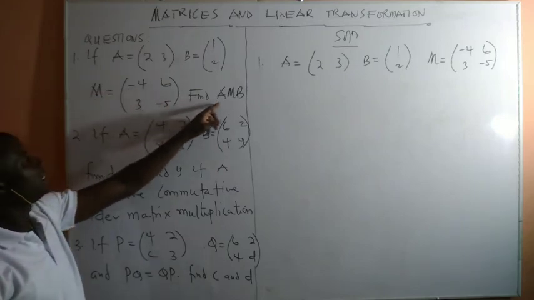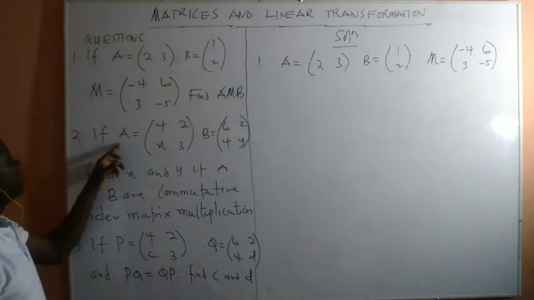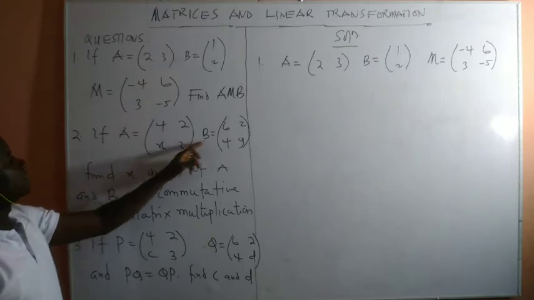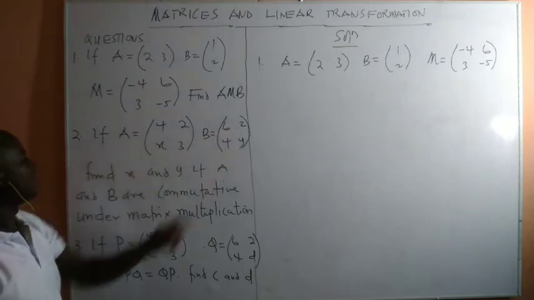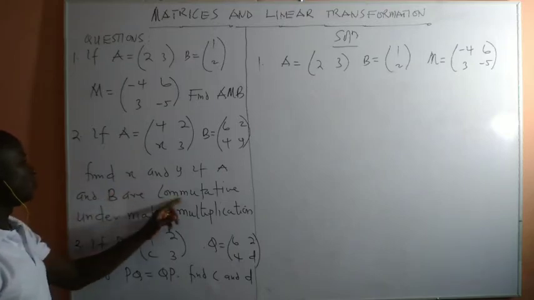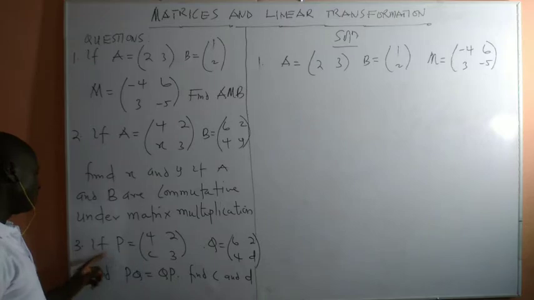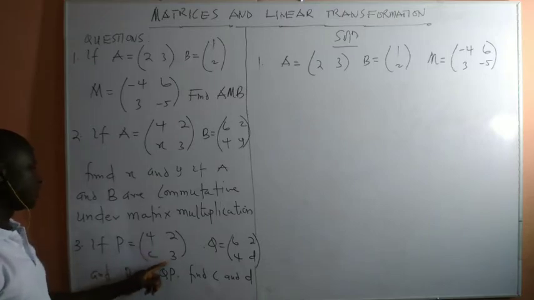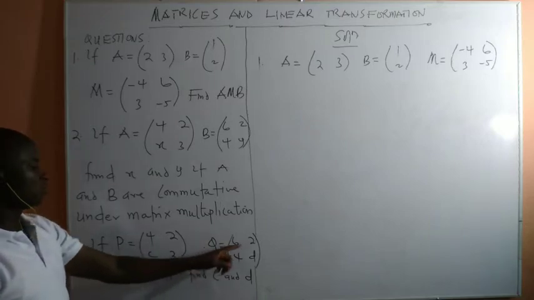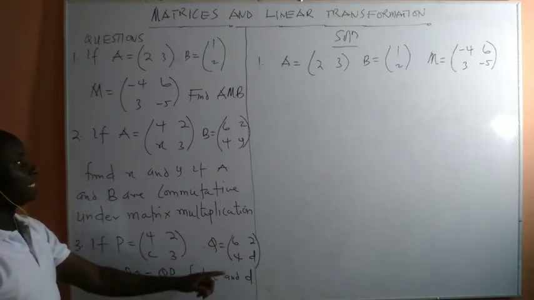We have to find AMB. Question 2: if A equals [[4, 2], [x, 3]] and B equals [[6, 2], [4, y]], find x and y if A and B are commutative under matrix multiplication. Question 3: if P equals [[4, 2], [c, 3]] and Q equals [[6, 2], [4, d]] and PQ equals QP, then we have to find c and d.